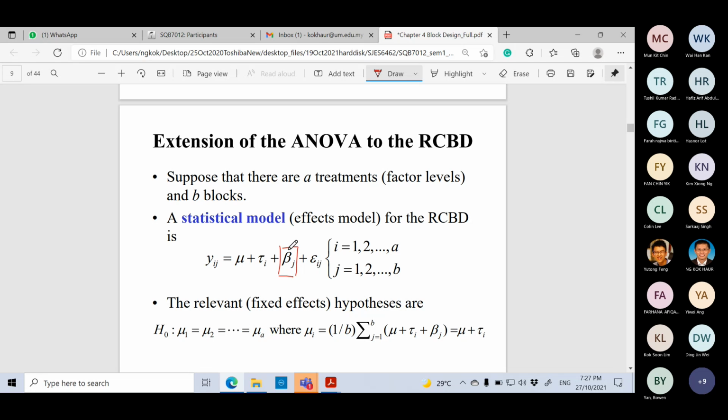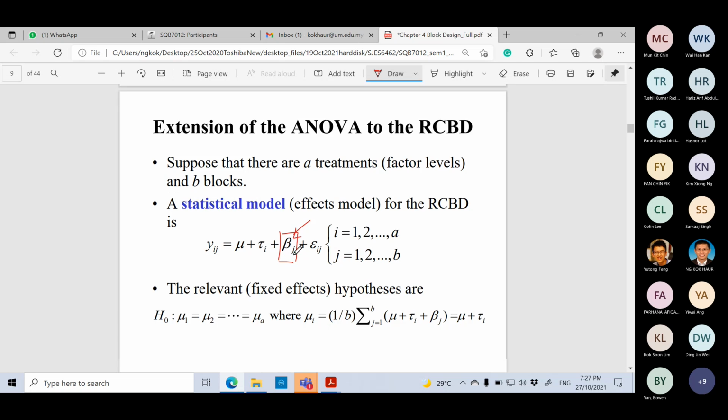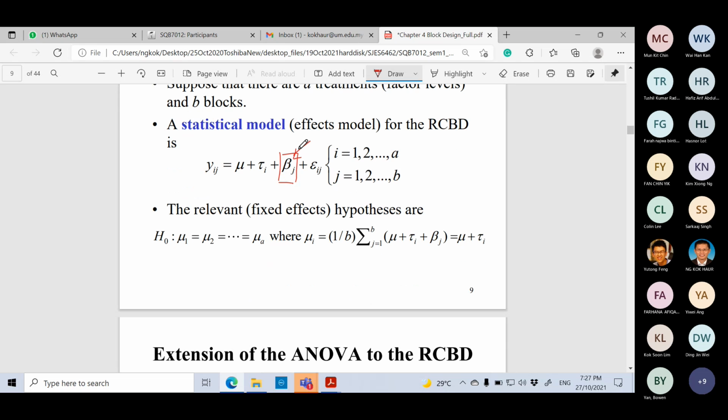Now we have an additional beta j and the epsilon ij. This beta j refers to the block, the block effect. Even though we have a block, our target is still to compare the different treatment means. We are not interested in the block, because when you do the analysis, you want to extract out the block component. We really want to compare just the treatments.